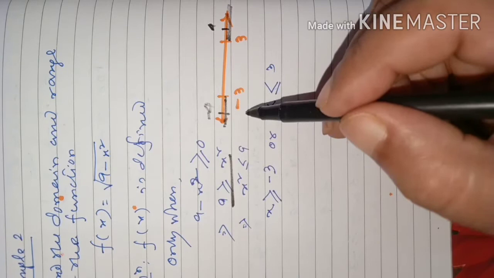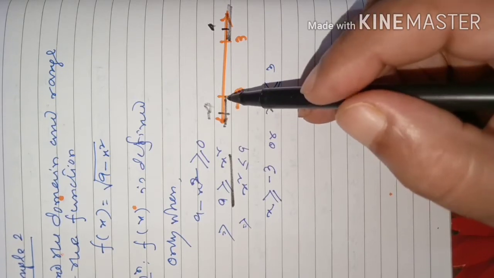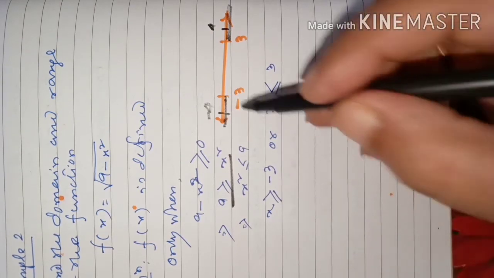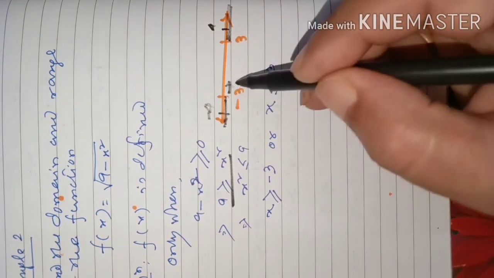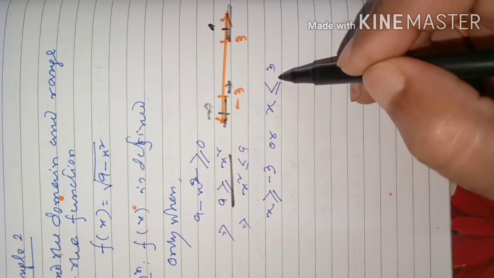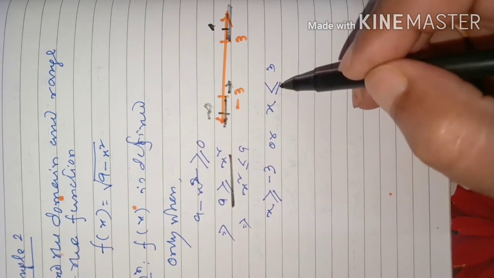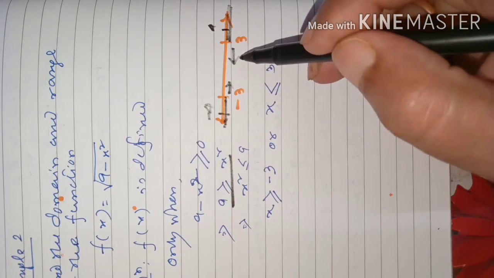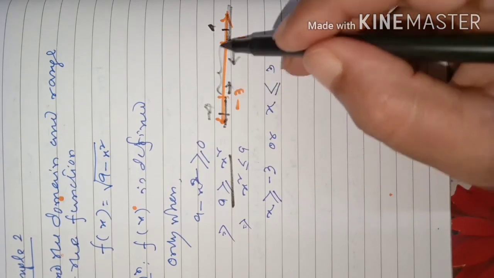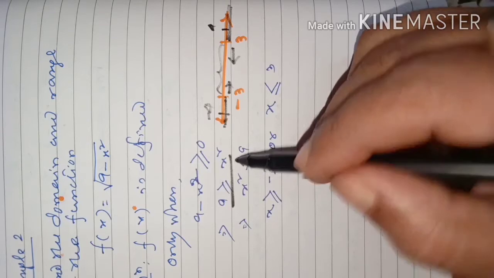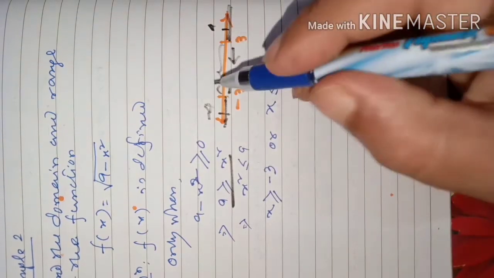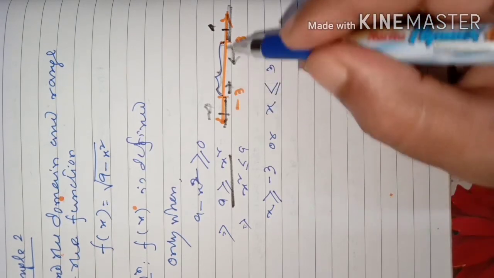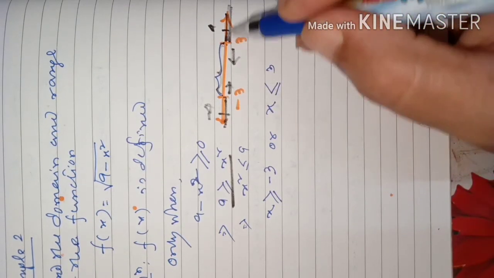So if the values are between minus 3 and plus 3, greater than minus 3 and less than plus 3, then the function is defined. So our domain is only this portion, including minus 3 and plus 3.